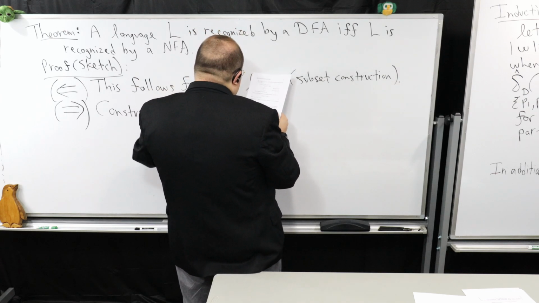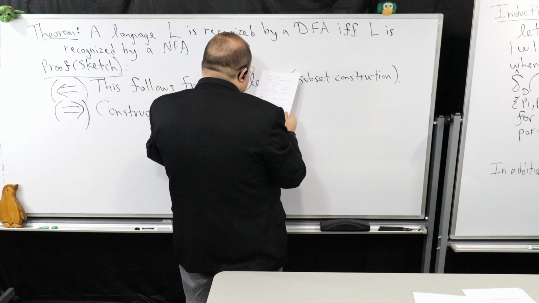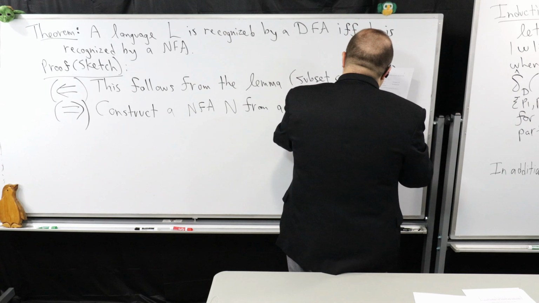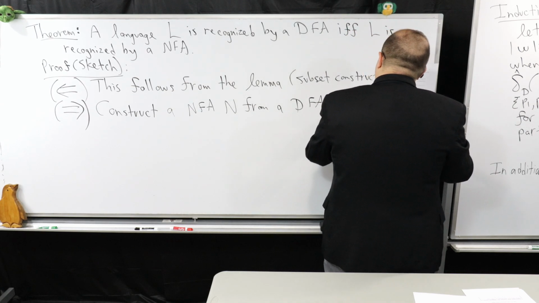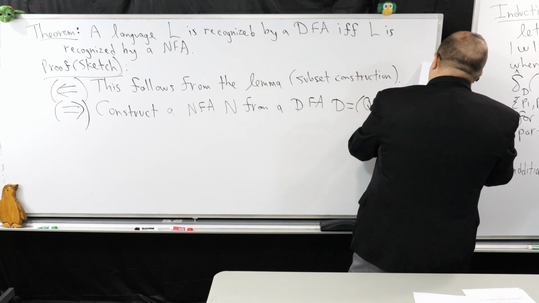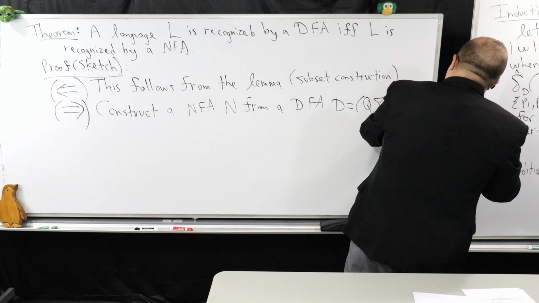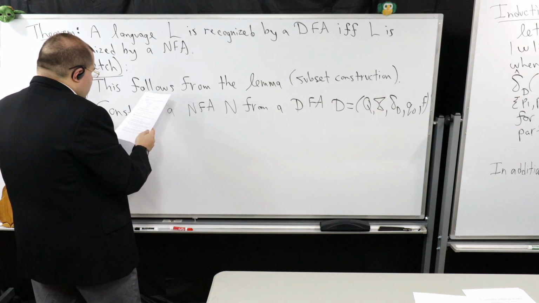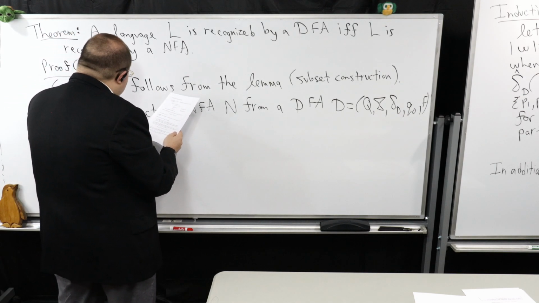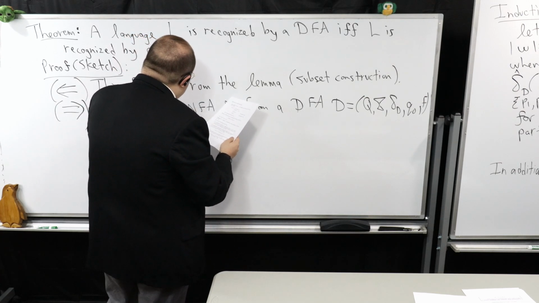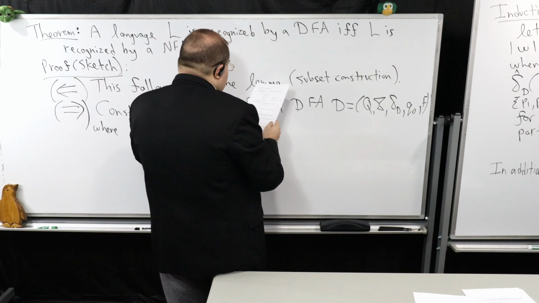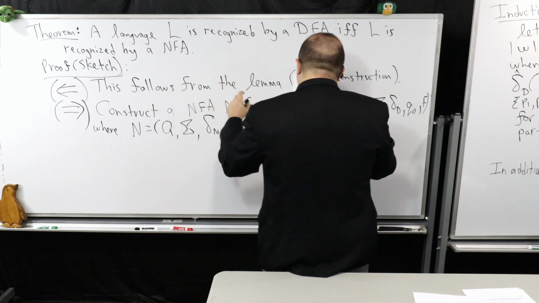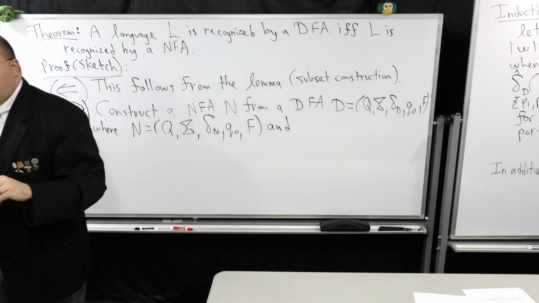So what do we do? Construct an NFA N from a DFA D equals (Q, Sigma, delta_D, Q0, F), same parameters as usual, where N is going to be equal to (Q, Sigma, delta_N, Q0, F).